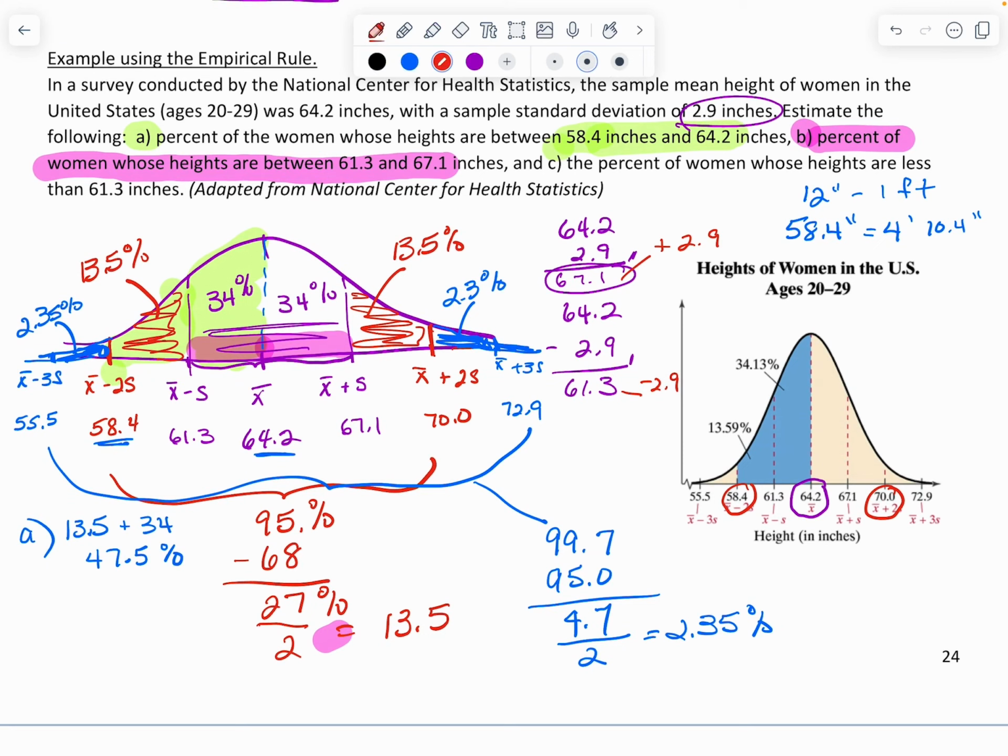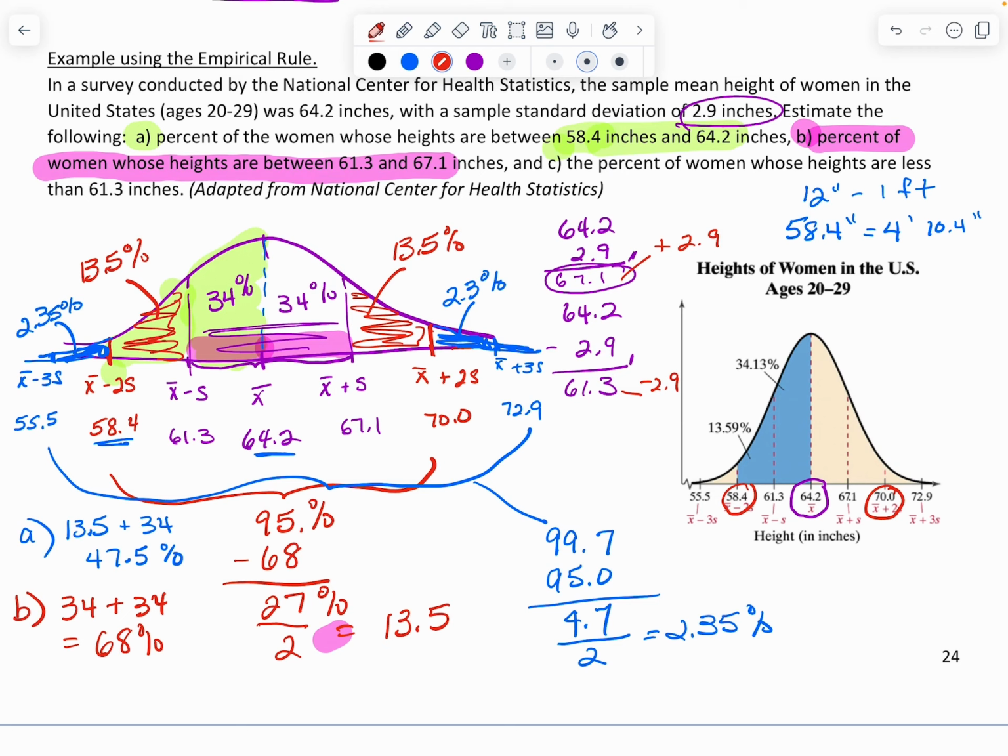So for the B part, it's going to be 34% plus 34%, which is your 68%. So 68% of the people are going to be between 61.3 and 67.1.